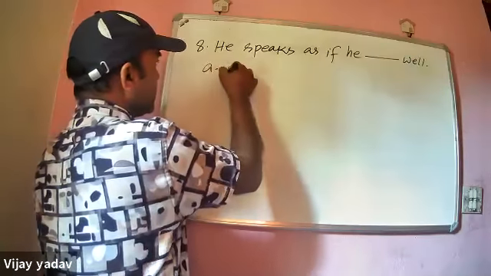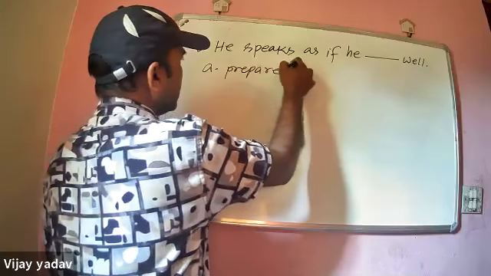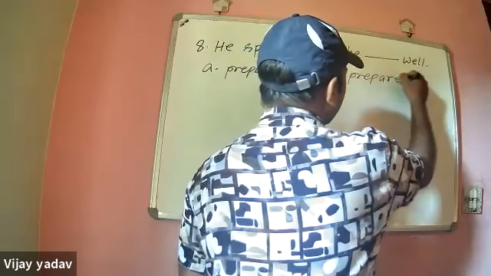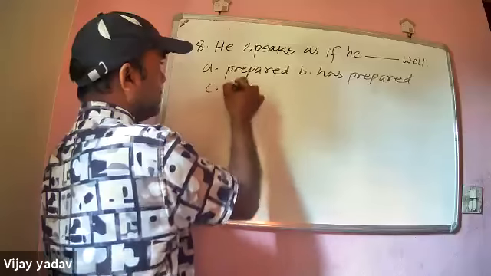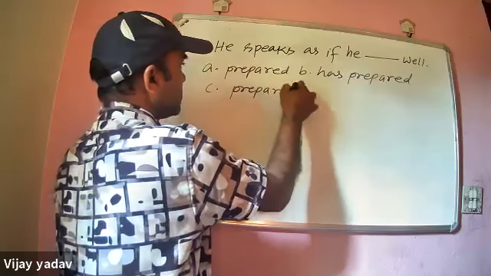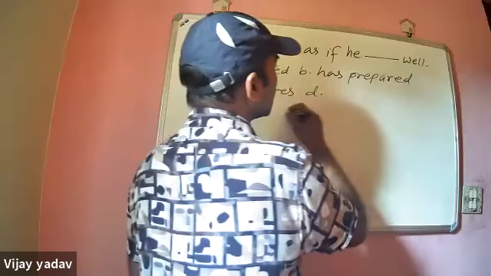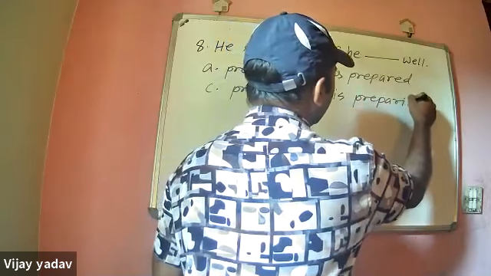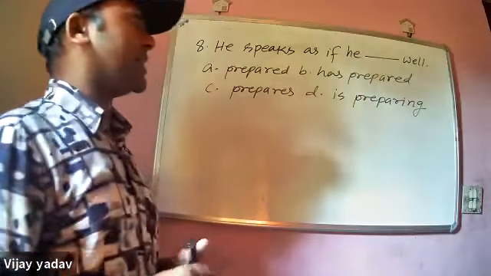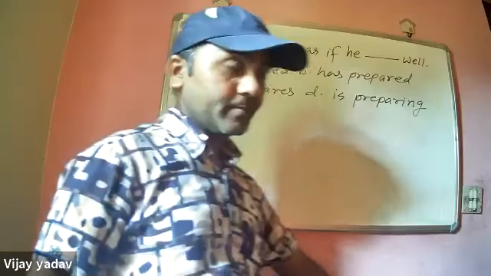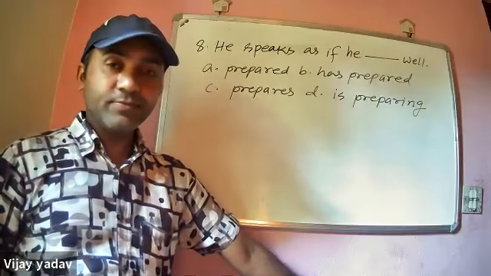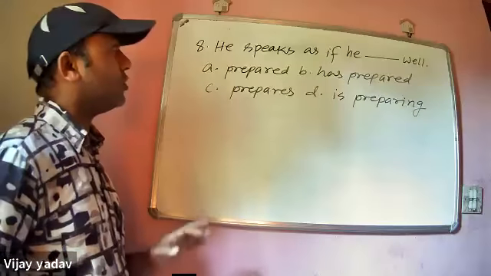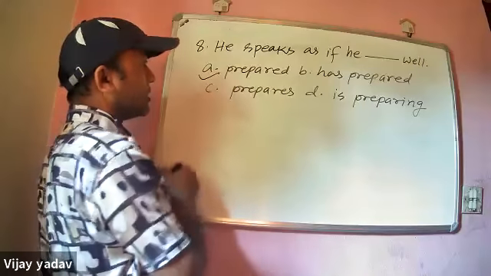Options: A, prepared; B, has prepared; C, prepares; D, is preparing. He speaks as if he well. Which one do we use? What do we use here? Option A correct, not B.